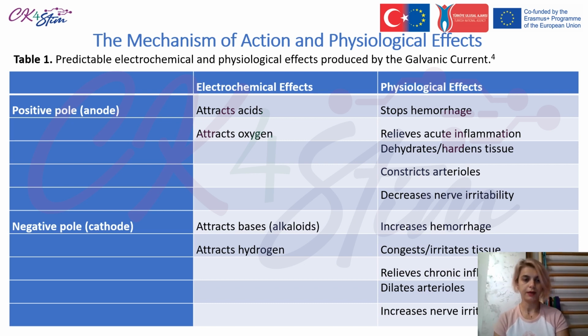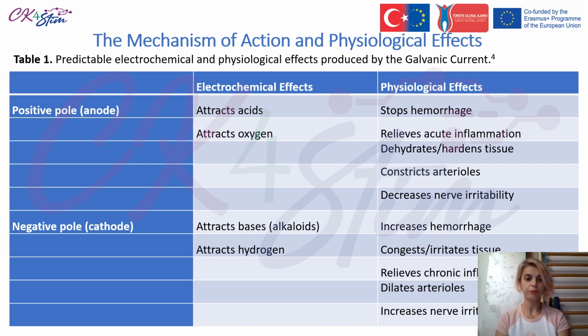For physiological effects, in the case of the anode, we find that it stops hemorrhaging, relieves acute inflammation, dehydrates, hardens the tissue, constricts arterioles, and decreases nerve irritability. For the cathode, we find an increase of hemorrhage, it congests and irritates tissue, relieves chronic inflammation, dilates arterioles, and increases nerve irritability.